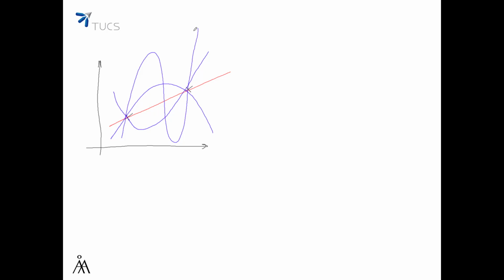The situation is similar if we have 3 points. There is only one polynomial of degree 2 going through those points. But there are infinitely many polynomials of higher degree that pass through those same points.